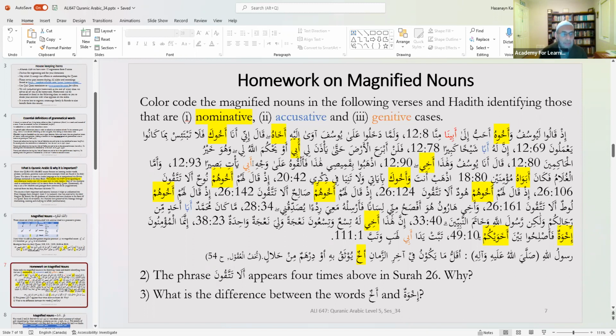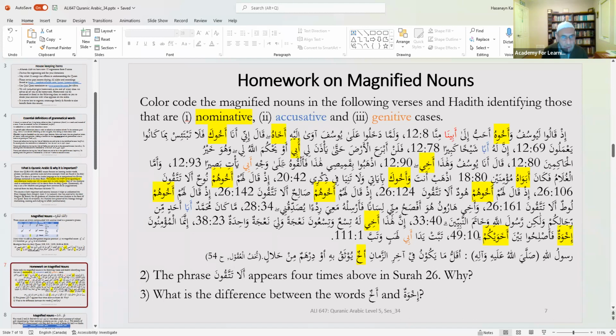Wajhi abi, right? So here you can see, although this is also abi, like my father, like we said earlier, that abi was nominative. This abi is genitive because it is wajhi abi, face of my father. So mudaf ilayh, book of my father, pen of my father. So you say alqu ala wajhi abi.